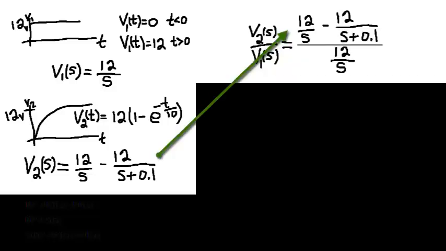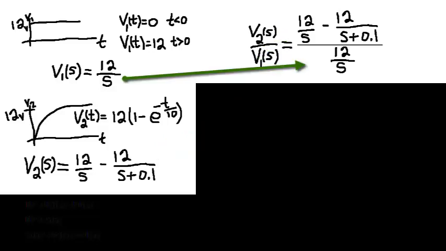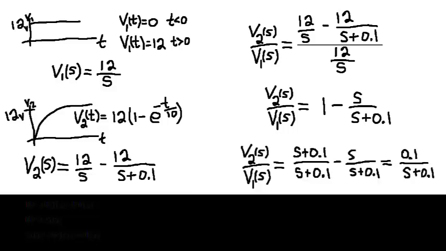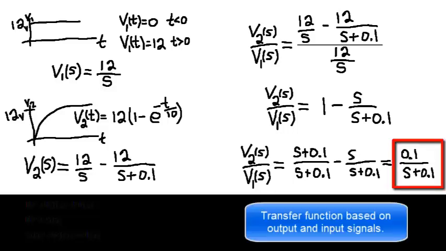Divide the output signal by the input signal. Simplify. Denominator divides into the numerator. Form a common denominator and simplify. That's standard polynomial form, and that's the transfer function based on the output and input signals.